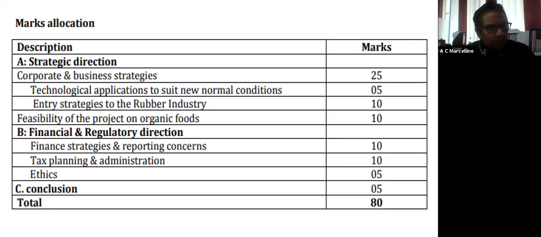Then if you're looking at the new normal conditions, what are new normal conditions? We are looking at new normal conditions with PPEs, that is personal protective equipment. On what basis do I need to have these technological applications to work with?